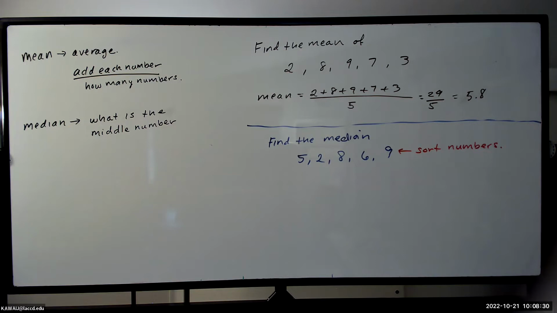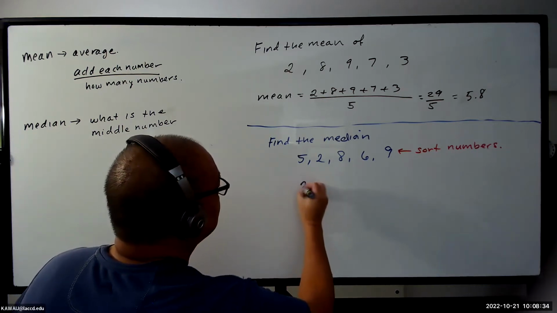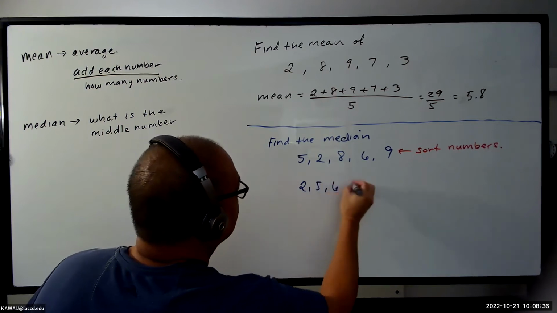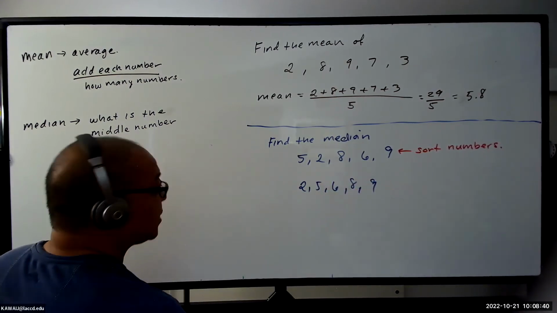So let's first sort these numbers: 2, 5, 6, 8, 9. And then we'll pick the middle number.